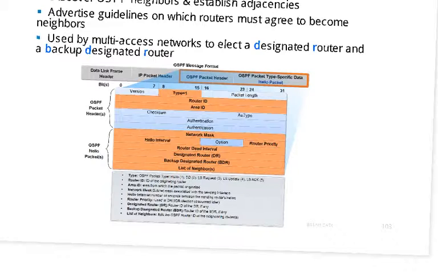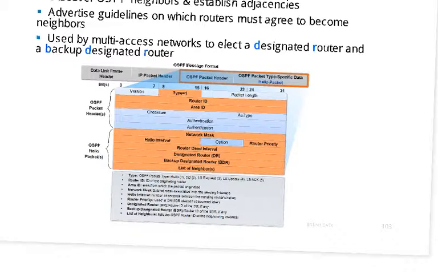So you have to agree between you and your neighbor about these values. The hello interval itself, as we said before, is used to specify the frequency that you use to send hello packets. So that's easy.